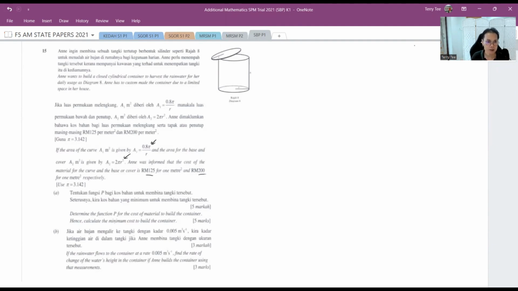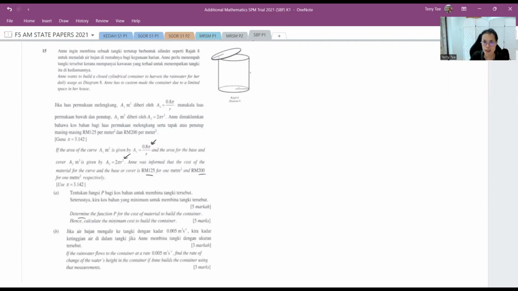So determine the, they say, okay, the English version is missing. Determine the cost function P for the cost of the material, and then calculate the minimum cost. Okay, so number one, we know we have a curved surface, the base and the cover.